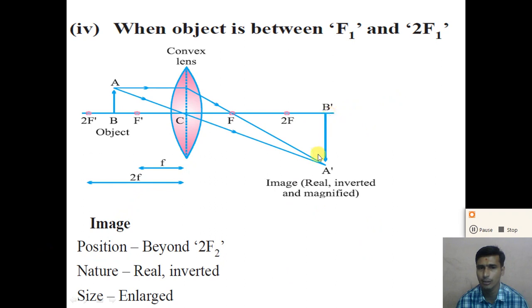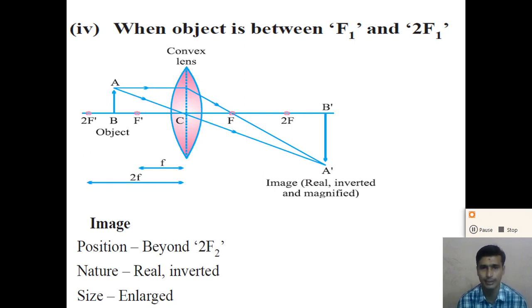The nature of the image is real and inverted, and the size of the image is enlarged. That means the image produced is larger than the object.